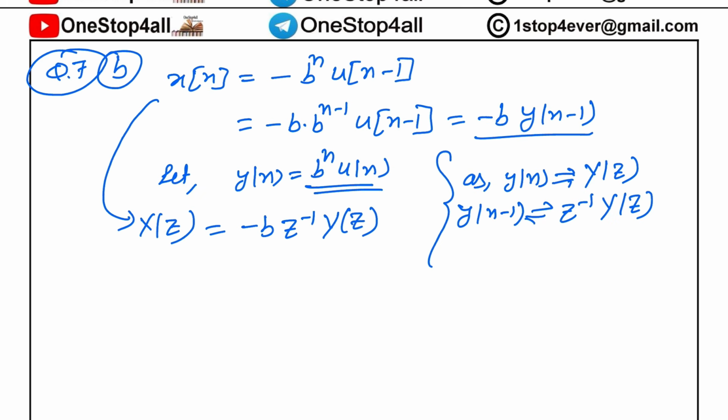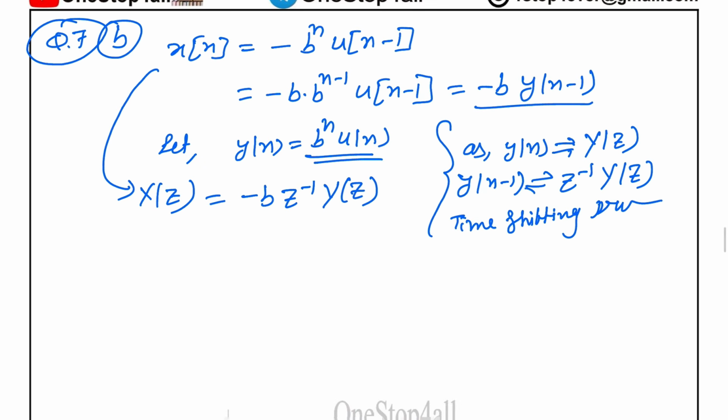This is which property? This is the time shifting property of the z transform. Okay. So, what is the z transform of y of n? We will see.